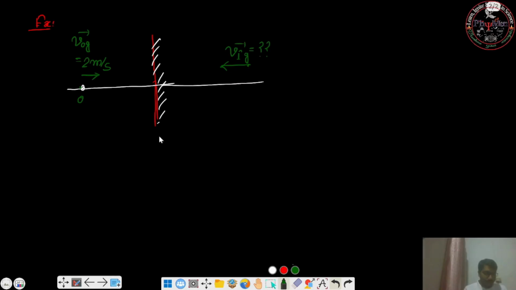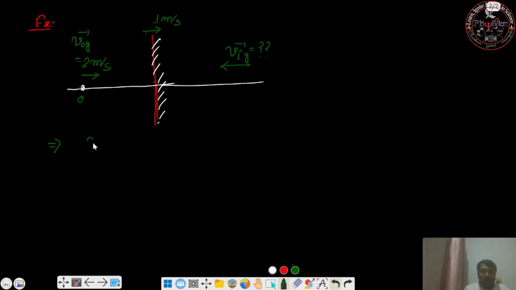Okay, now this implies, and suppose the velocity of the mirror is 1 meter per second along this direction.